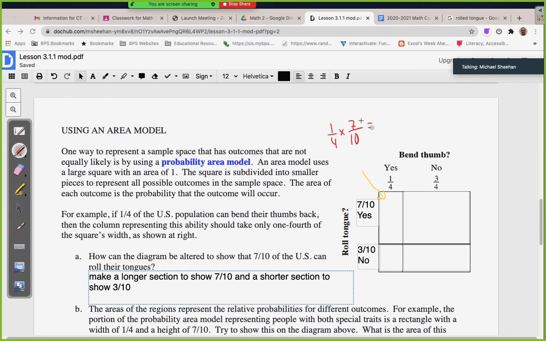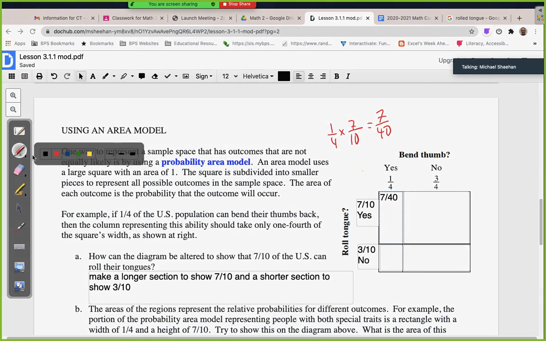Yeah, so I do 1 times 7 on top, and I do 4 times 10 on the bottom. So 7/40 of people should be able to do both, bend their thumb and roll their tongue. How do we feel about that? That's good. Okay.